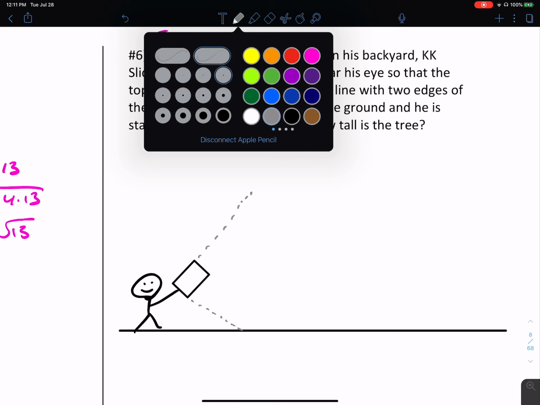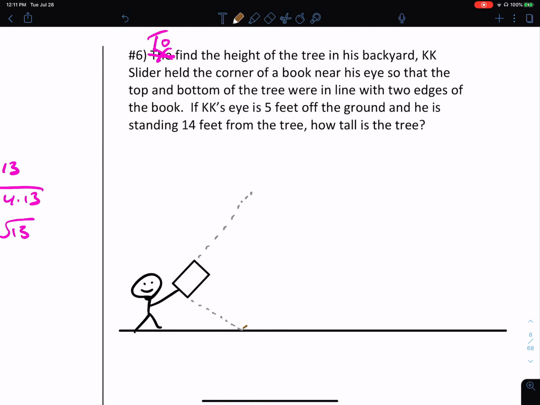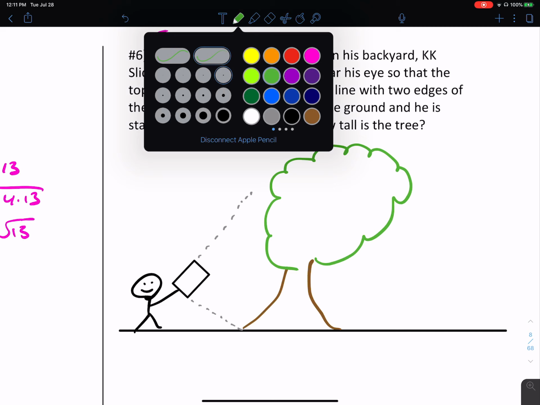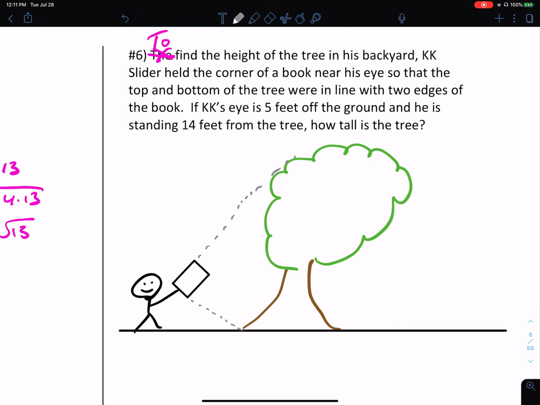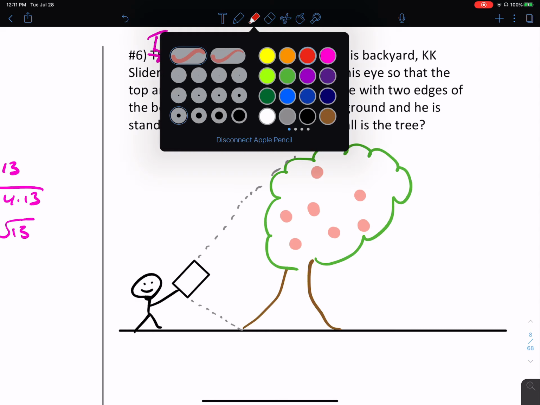I should probably draw a tree. I'm a great drawer. It's probably an apple tree, just guessing. Or this tree has the mumps. So one of the two.